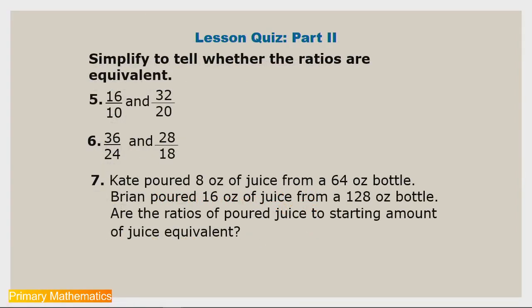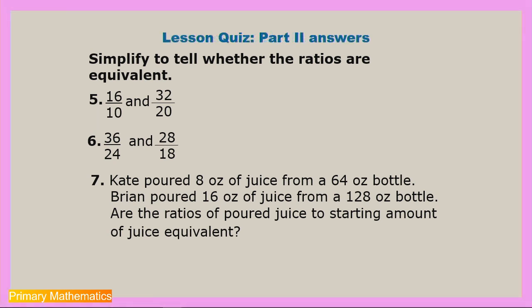Then there's a second part to the quiz. Simplify to tell whether the ratios are equivalent. Remember, we did something like this in the examples. Yes, they are equivalent. Can you say why they are equivalent? Okay. Very good.